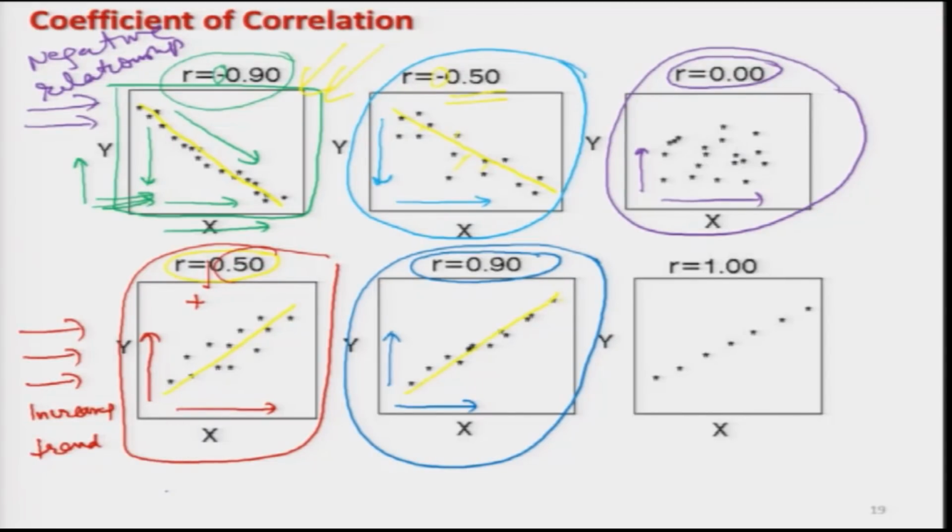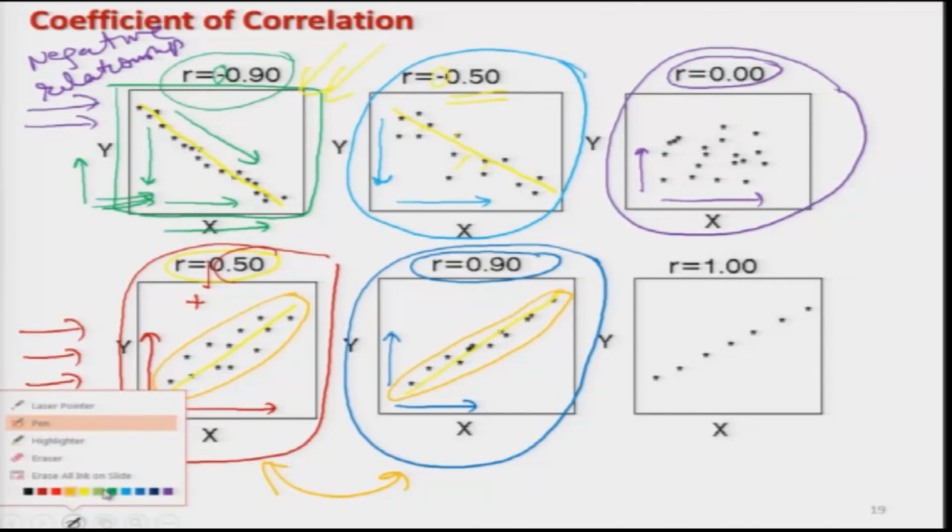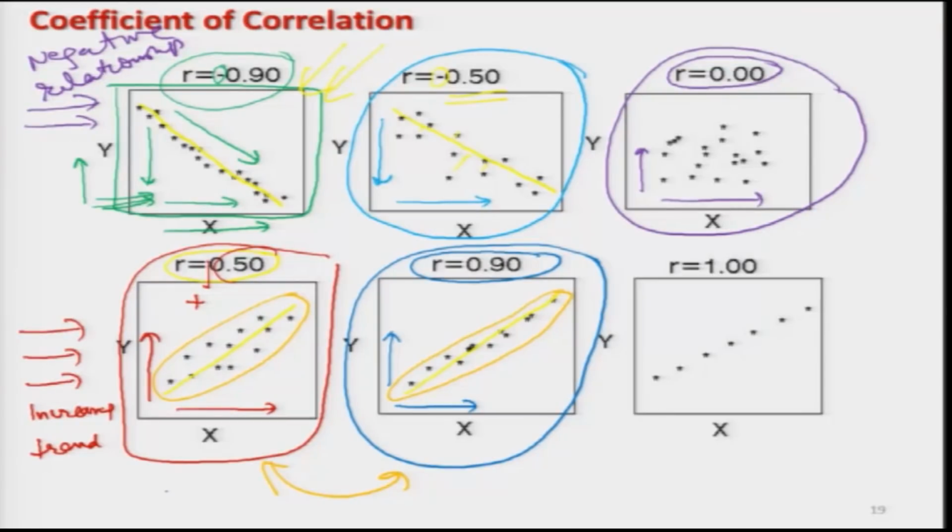If you compare this picture and the first picture, you can see that in this region the points are lying closer to the line in comparison to the points in the first picture. That difference is indicated by the magnitude of the correlation coefficient, which goes from 0.5 to 0.9.